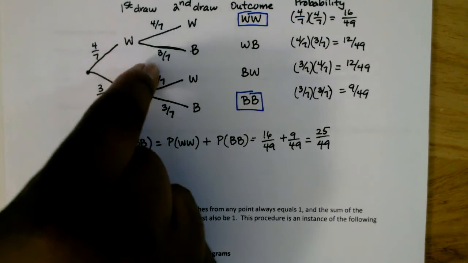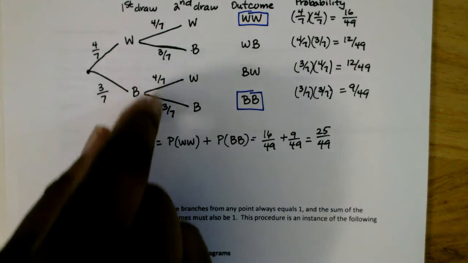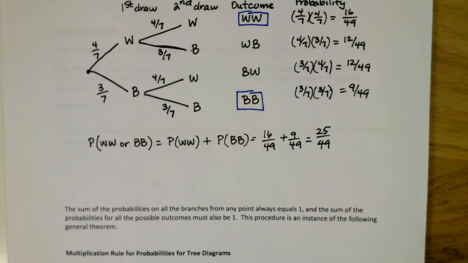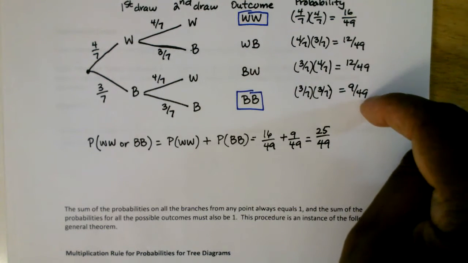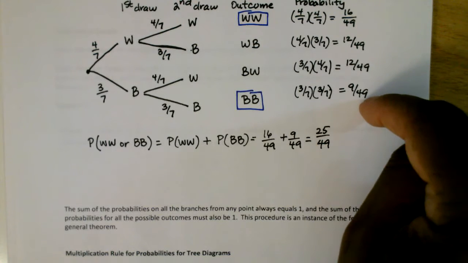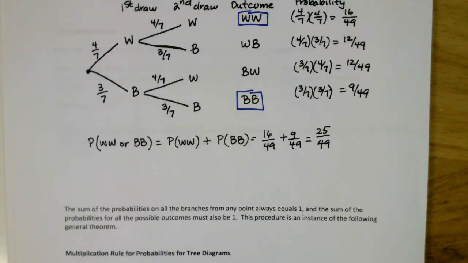And on these two branches here, the sum of the probabilities is equal to 1, and the same thing here. Also, the sum of the probabilities for all the possible outcomes must be equal to 1. So if you add up each individual probability that you see here on the far right, they must total 1.